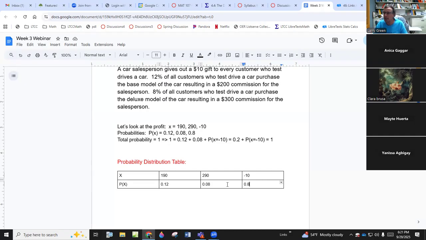Any questions on that? Per customer. And that average profit is called the expected value. It's the average value in the long run that it's likely to be. Any questions on that idea?